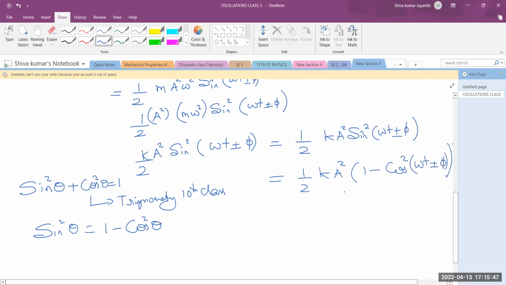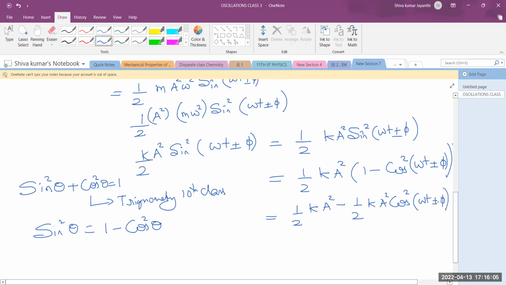If I open these brackets, I would get half k A square first term, minus half k A square cos square of omega t plus or minus 5. This is what I will get.